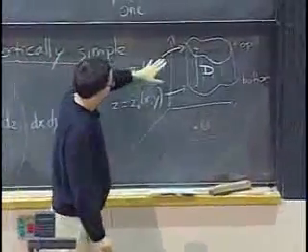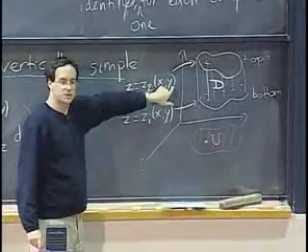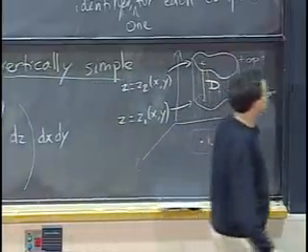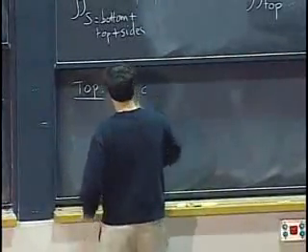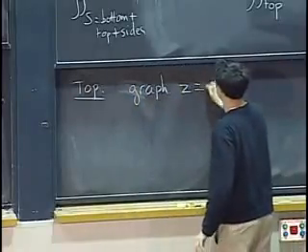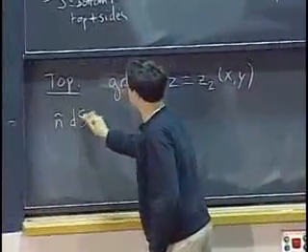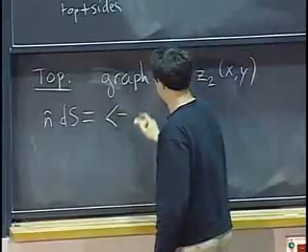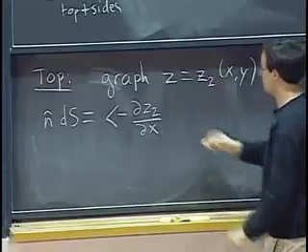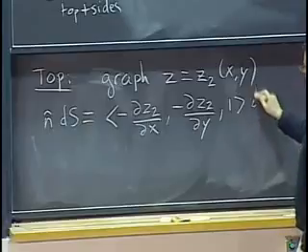Well, fortunately for us, we know that the top face is going to be the graph of some function of x and y. So we've seen a formula for n dS in this kind of situation. This is the graph of a function z equals z2 of x, y. So n dS for that is negative partial derivative of this function with respect to x, negative partial z2 with respect to y, 1, dx dy.